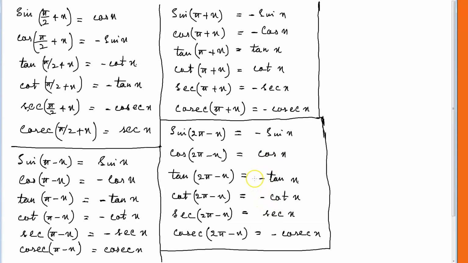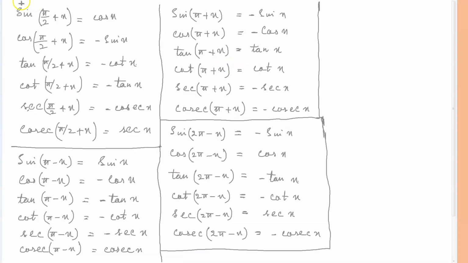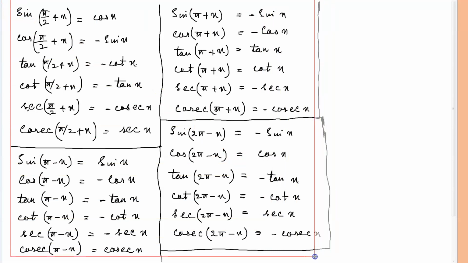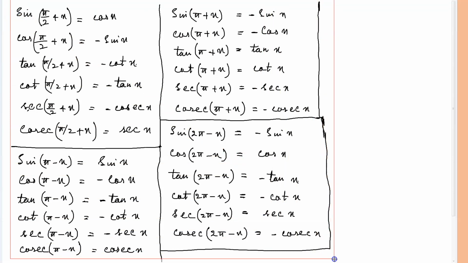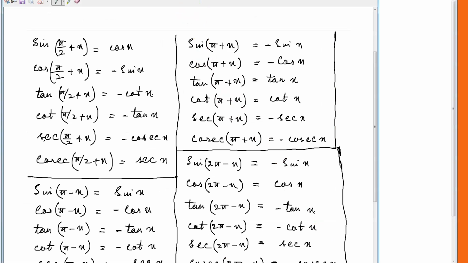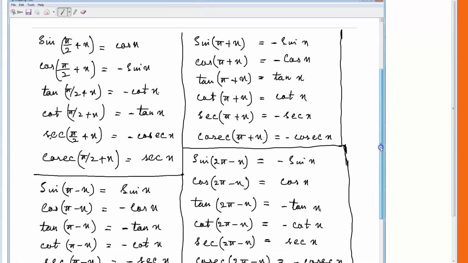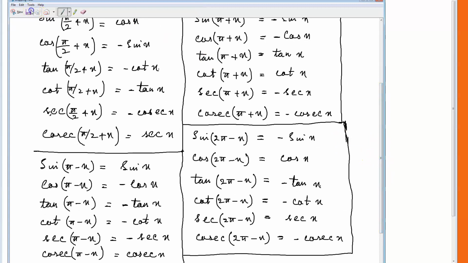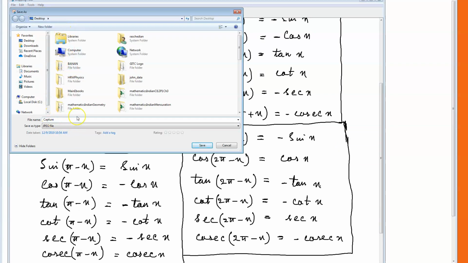So if you want to remember, let me first make a screenshot here, and then you can easily create some sort of mnemonic. Mnemonics are very popular among students usually. So if I call this trigonometric identities part 2, for example.